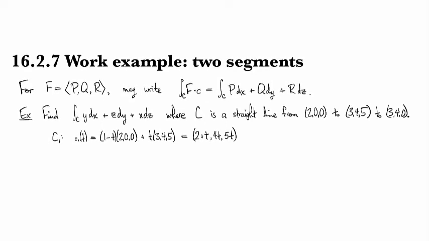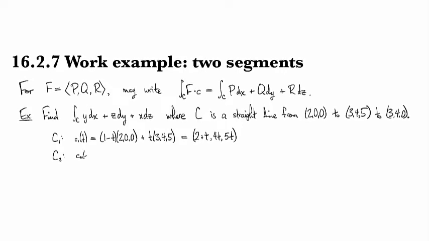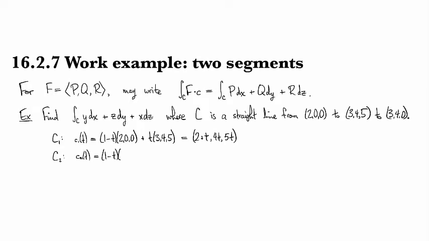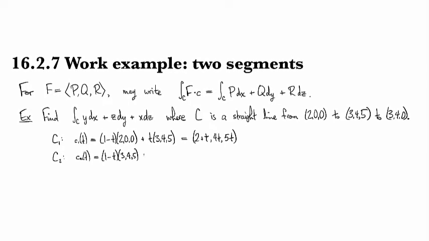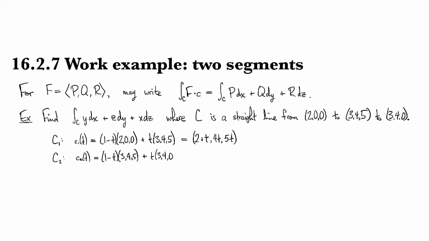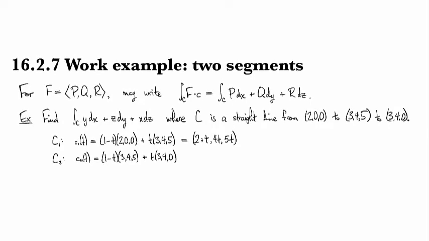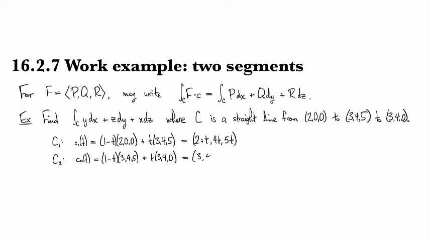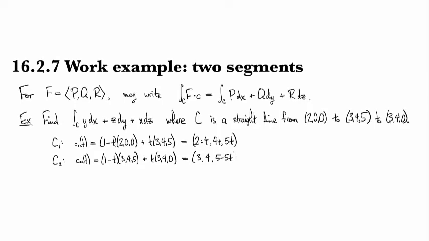And then for the second path, C2, we'll have 1 minus t, and this time we'll be starting from 3, 4, 5, and then we'll be going to 3, 4, 0. So just going straight down until we hit the xy plane. And so this one is going to look like 3, 4, and then 5 minus 5t.